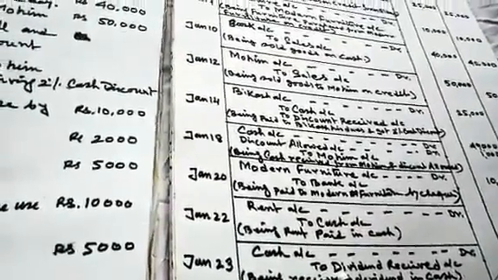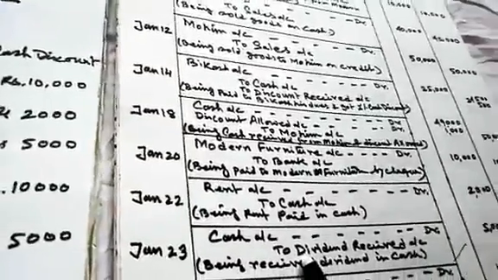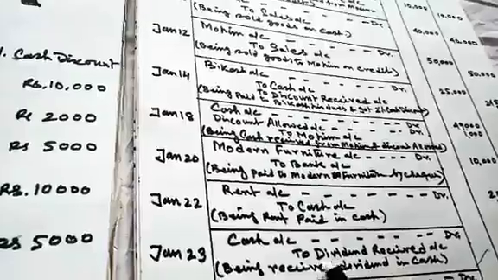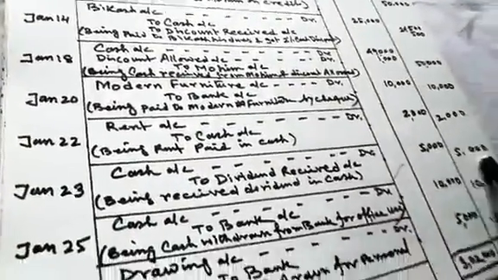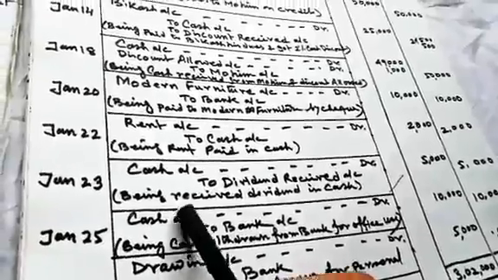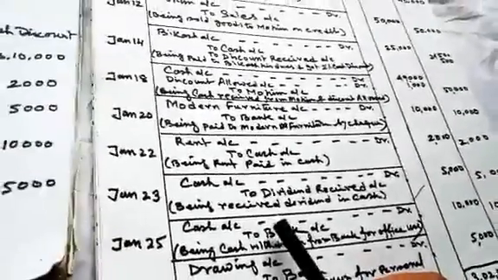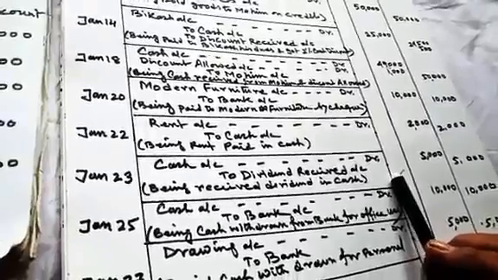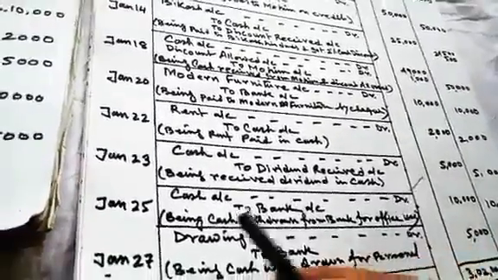So any income received is credited and cash is coming into the business. So cash account is debit, to dividend received 5,000, 5,000, being dividend received in cash, the narration.